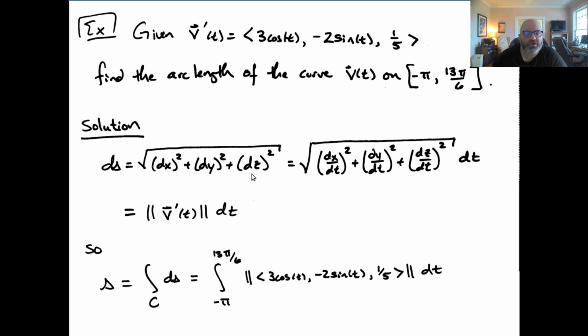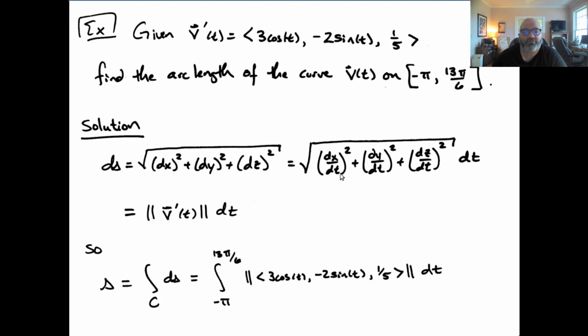Now if we go back to our arc length form, our ds is going to be the square root of dx squared plus dy squared plus dz squared. If we plug in the derivatives of our component functions, this becomes the square root of dx dt squared plus dy dt squared plus dz dt squared, dt.